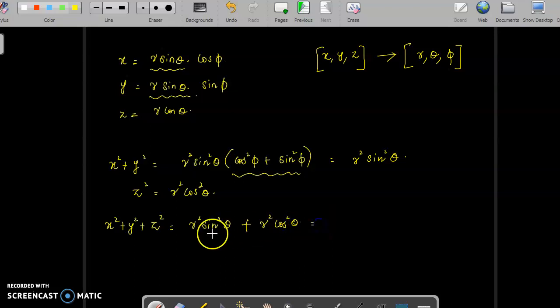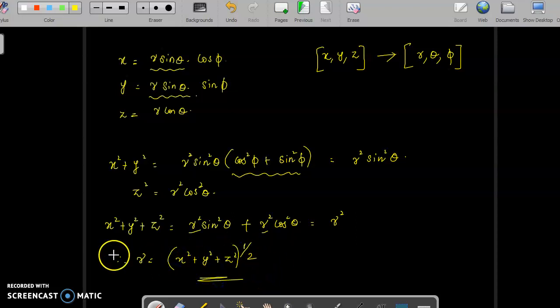So this equals, we can take out r square, sine square theta plus cos square theta becomes 1. So this value is r square. Therefore r is the square root of x square plus y square plus z square. So this is the radius of the sphere.